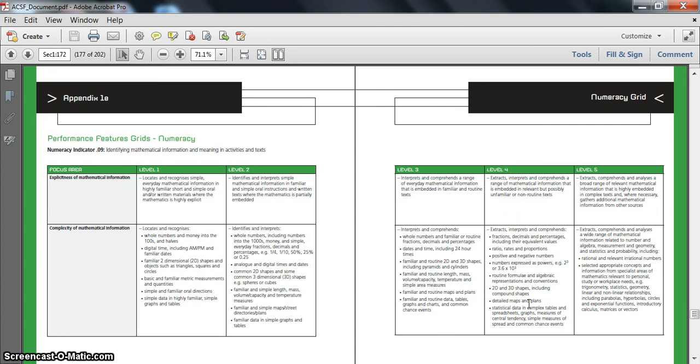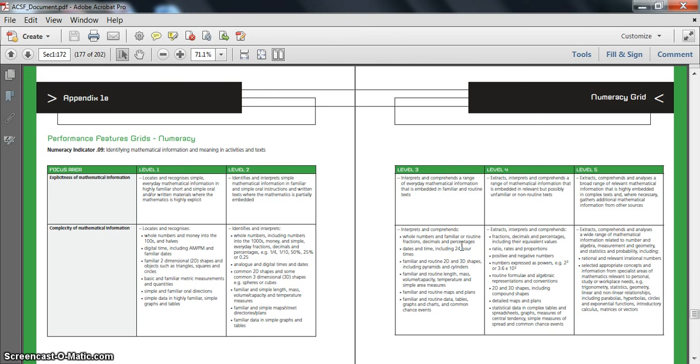Even though the majority of the concepts might be just about whole numbers, dates and times, and familiar 2D, 3D shapes, if there's anything in there about formula or algebra, then it automatically becomes a level 4 requirement for that unit of competency. When we're looking at our students, we go on the lowest level that they are demonstrating within that particular concept.